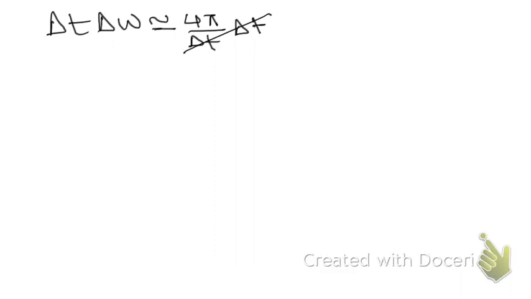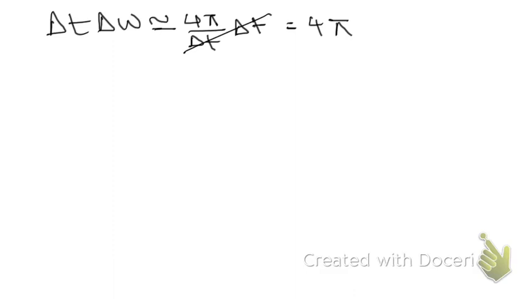We get rid of this and are left with 4 pi. So if you look at this, what is this thing? This is actually the Fourier frequency time uncertainty relation.